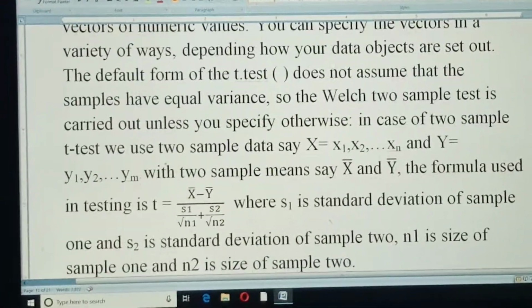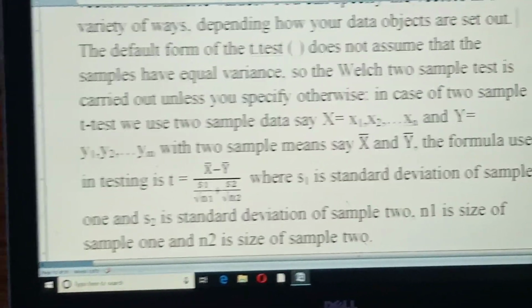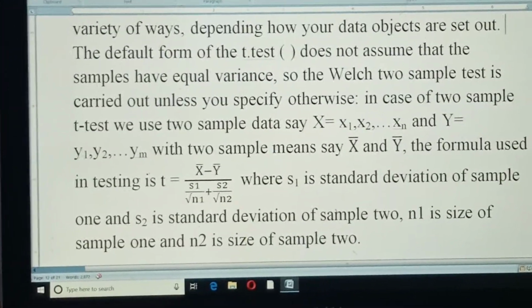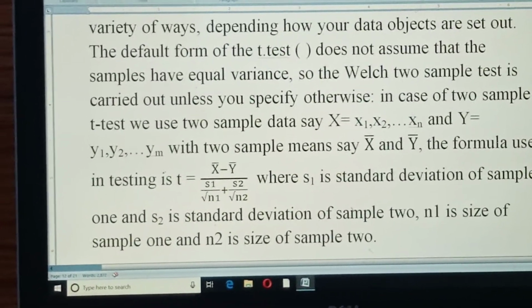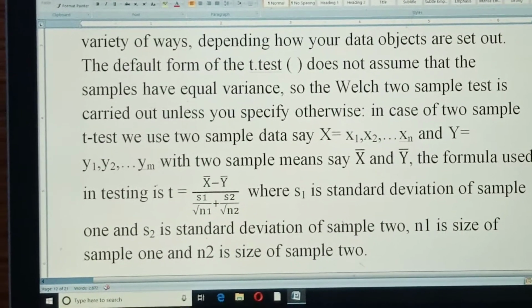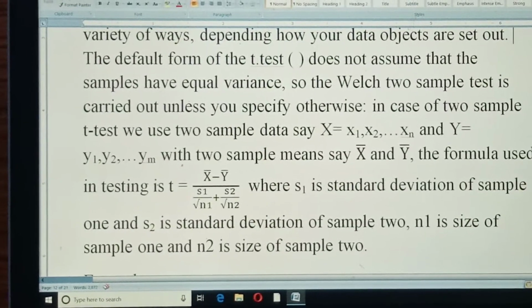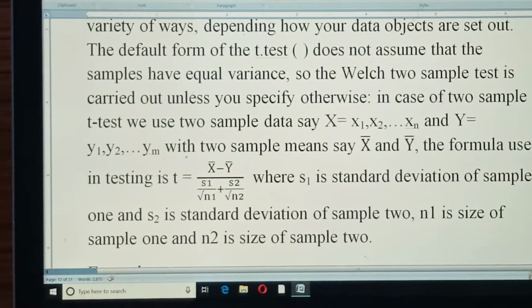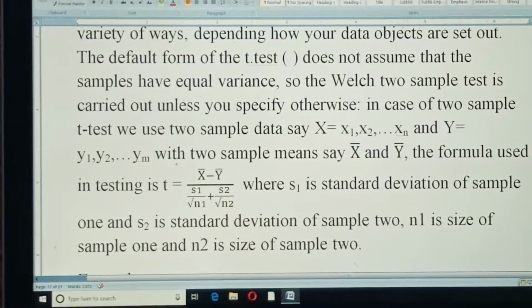The default form of t.test does not assume that the samples have equal variance, so R always takes the variances as unequal. So the Welch two sample t-test is carried out unless you specify otherwise.